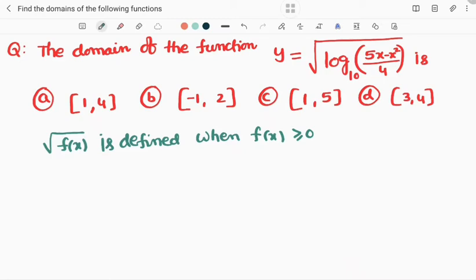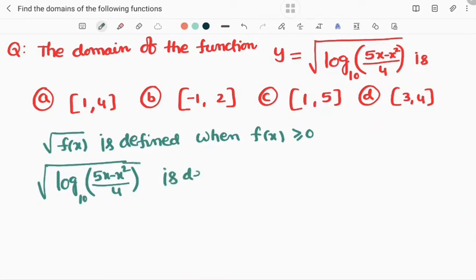That is, according to the question, root log of 5x minus x square divided by 4 to the base 10 is defined when log of 5x minus x square divided by 4 to the base e is greater than or equal to 0.